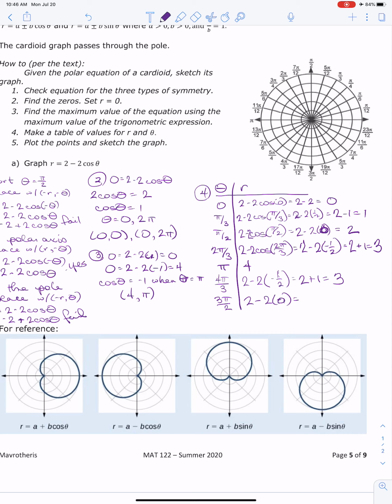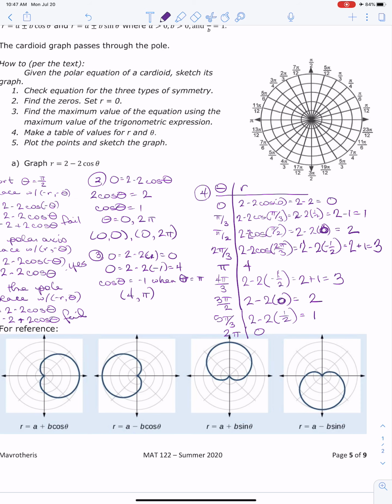Cosine is 0 there. 2 minus 0 is 2. And I could go 5 pi over 3. 2 minus 2 times a positive 1/2. 2 minus 1 is 1. And then we know from above that at 2 pi, we're back at 0.